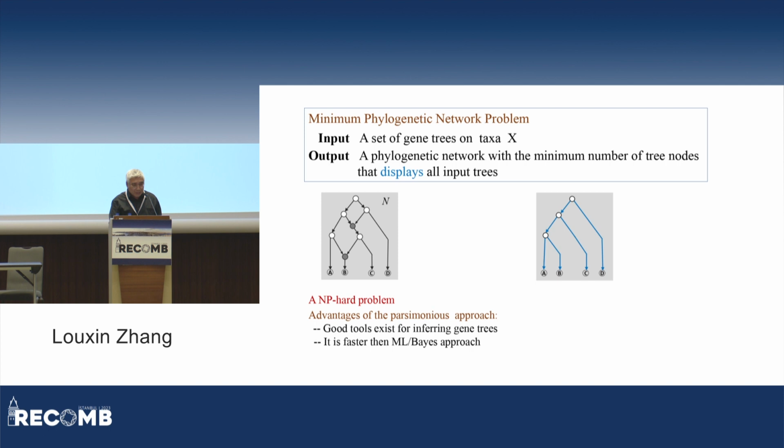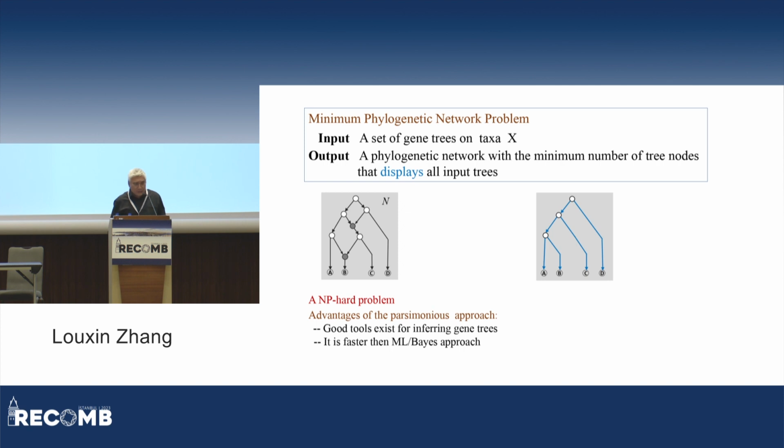By display, I mean this. You have a tree, you have a network. The network displays the tree if the tree can be embedded mathematically into the network. In other words, you can remove some edges from the network to get the tree after simplification.